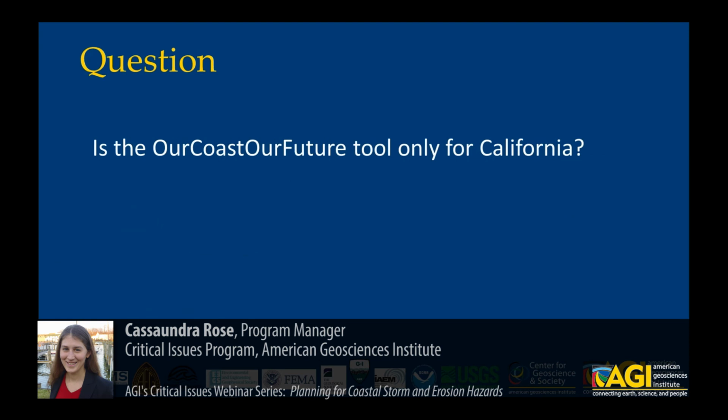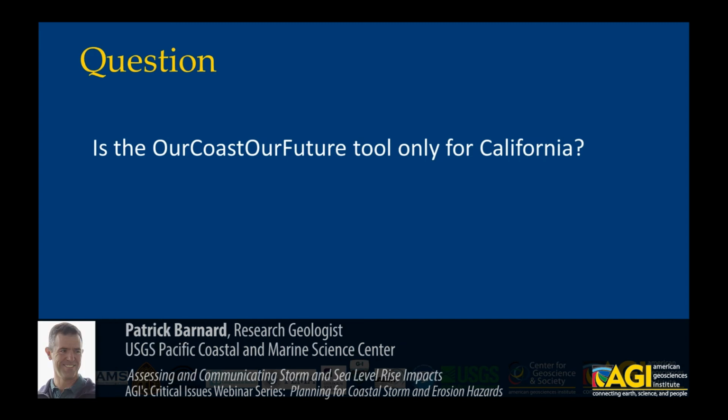Next question. Is the Coast Our Future tool only for California? I imagine the questioner would be curious if it could be used in other parts of the country or other parts of the West Coast. Yeah, it's only being used with Cosmos in California presently, with possible expansion to Washington and maybe at some point Hawaii.